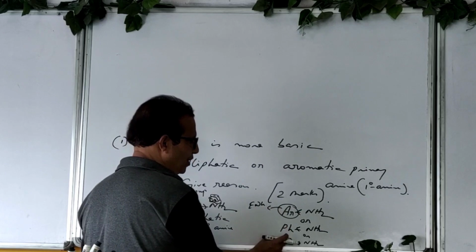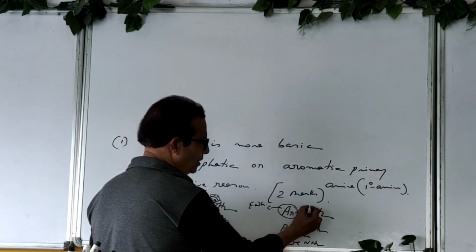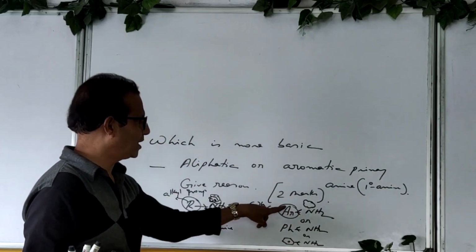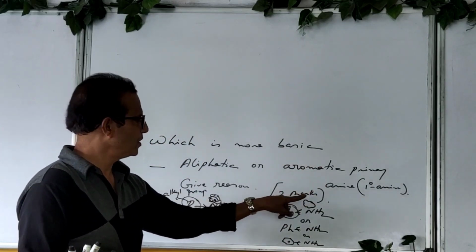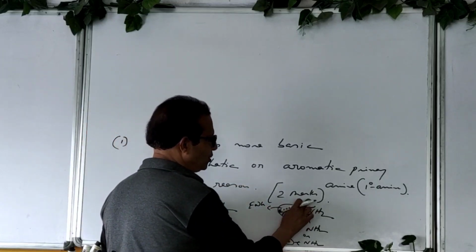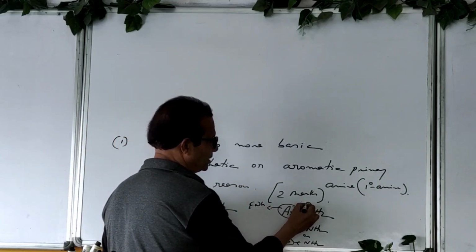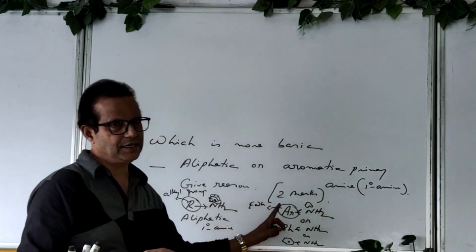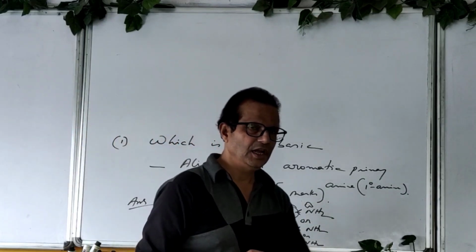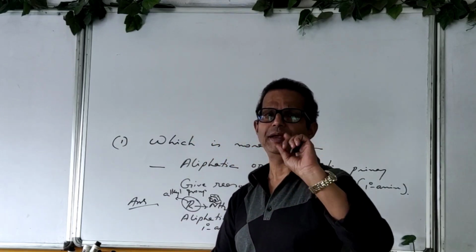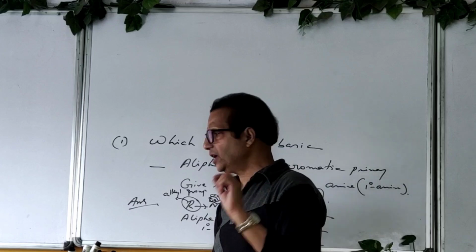Presence of electron withdrawing group. Now say this is the density of lone pair of electron previously. If electron withdrawing group is present, then the density of lone pair of electron decreases, so basicity decreases. So always remember it. Aliphatic primary amine is more basic than aromatic primary amine.